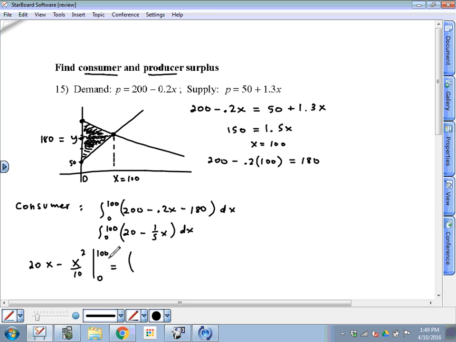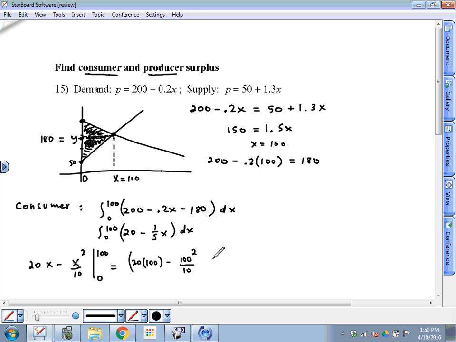So the antiderivative evaluated at the upper bound, 20 times 100 minus 100 squared over 10.